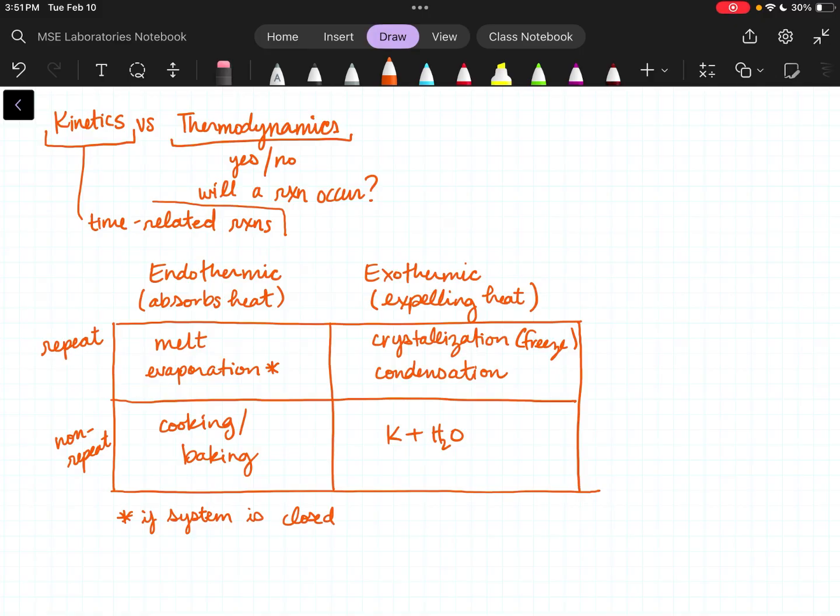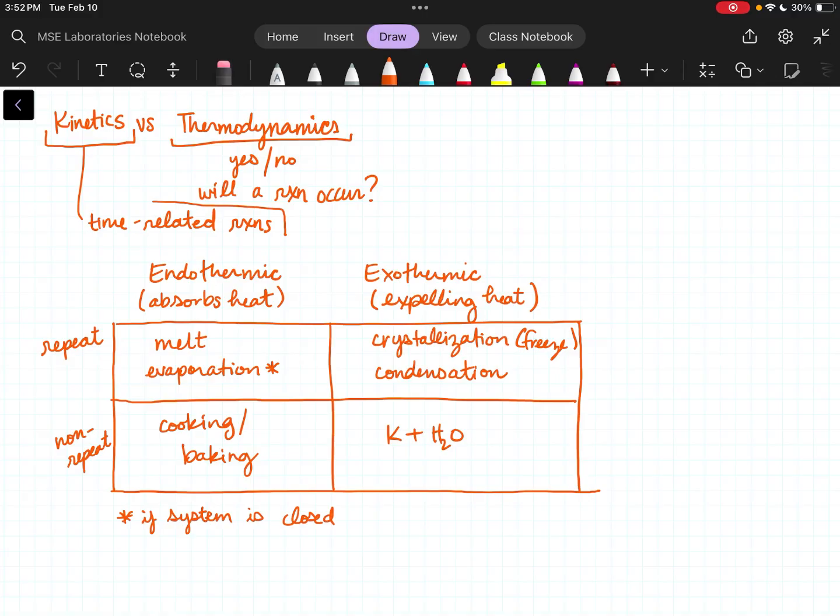So there are some things that are kind of reversible, kind of not. There are some things that we say are non-repeatable or non-reversible that you maybe could technically reverse by putting in a lot of effort. But in this case, we're specifically talking about whether you can reverse it by just changing the temperature back to what it was before, cooling it back down.